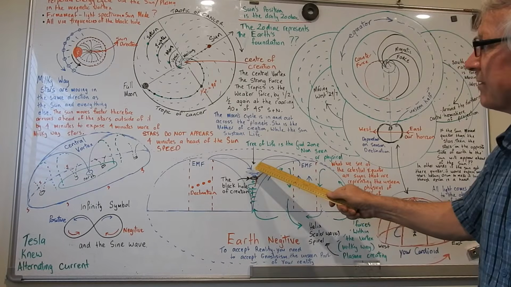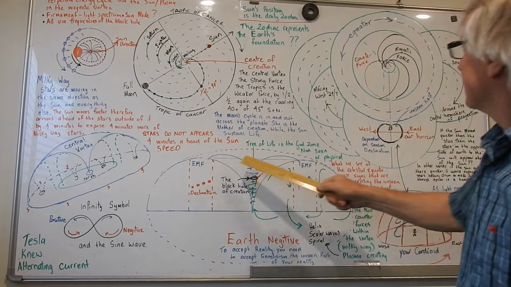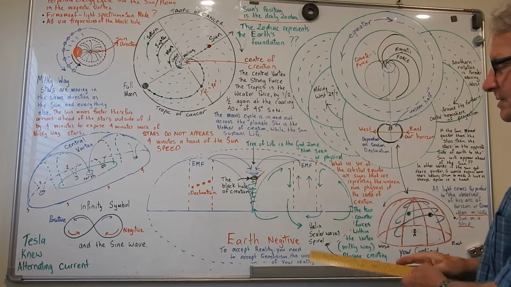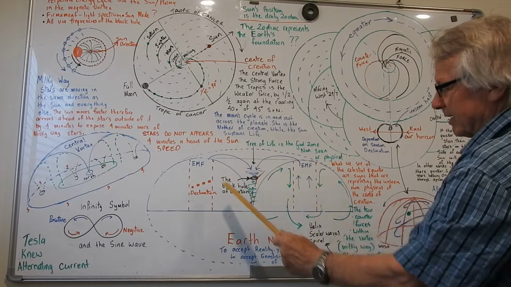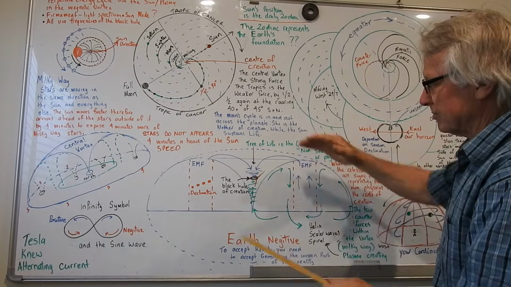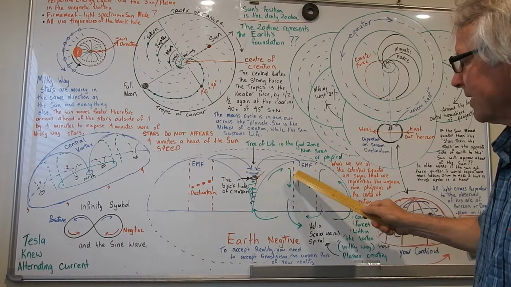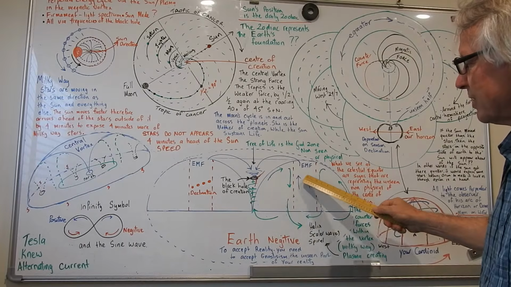In the central magnetic field, the central vortex, right in there, is the strong force. But we don't see that strong force in the flat earth design, the universal design. We don't see it. But we have the signs out here. It's all been exploded out here as signs.